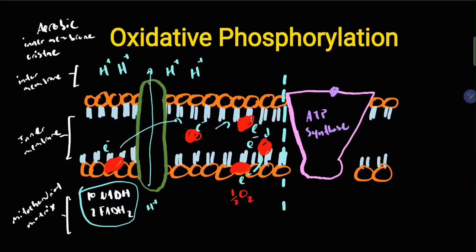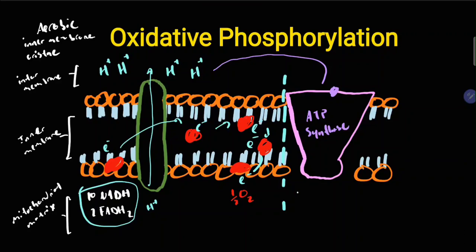And what happens is these hydrogen atoms go through the ATP synthase, and it causes it to spin, kind of like a spin wheel or something like that. And then it enables ADP to bind with a negatively charged phosphate group, creating ATP.